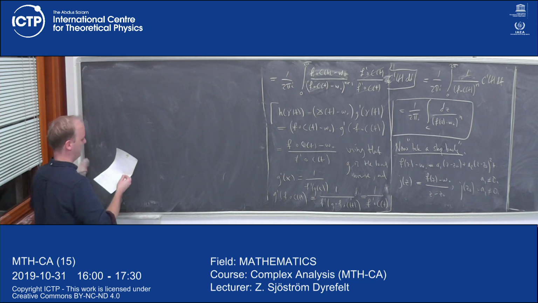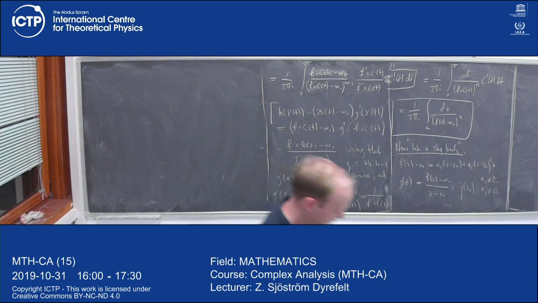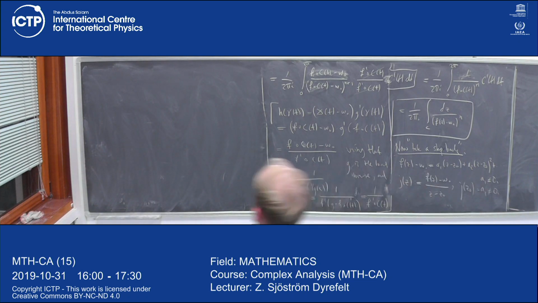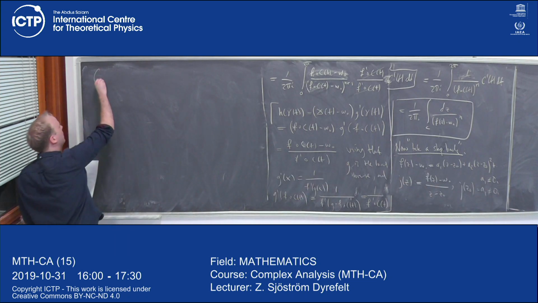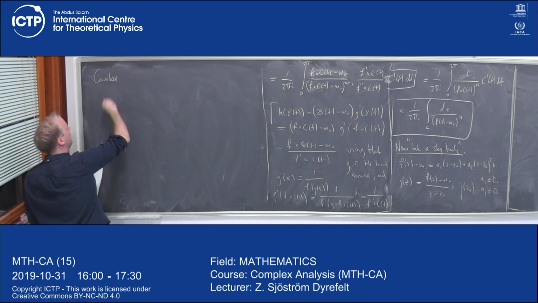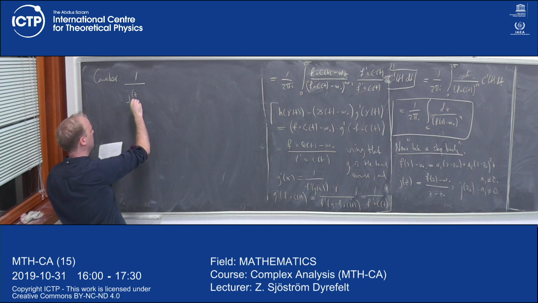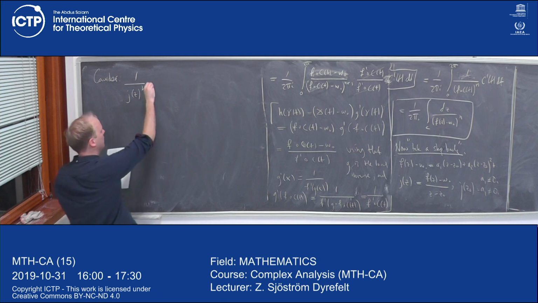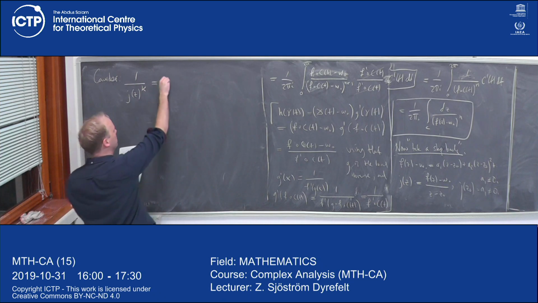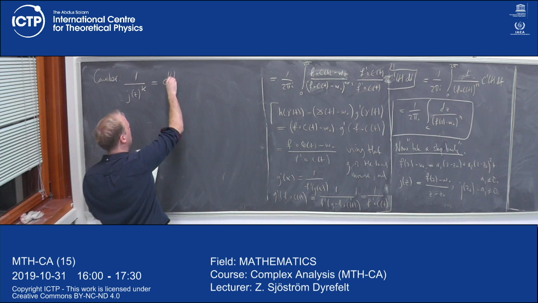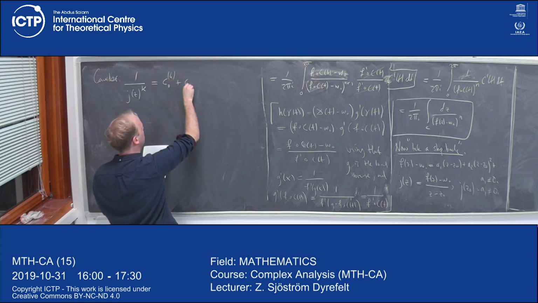We can even look at 1 over j to some power. So now we can consider 1 over j of z to the k. Okay, and this is equal to, so we write this using this notation.